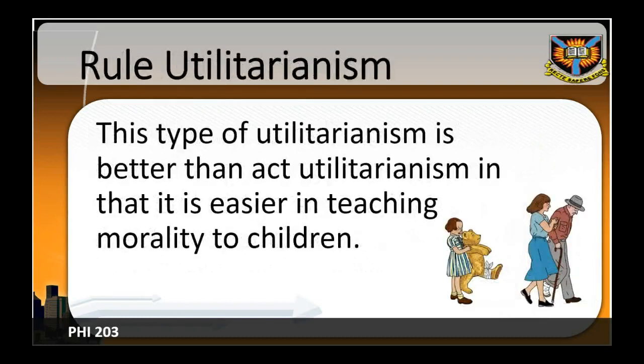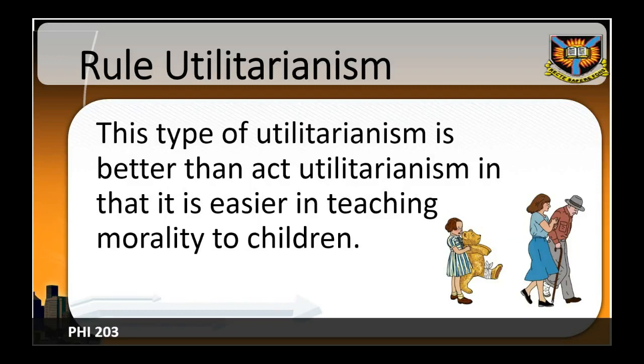This type of utilitarianism is better than act utilitarianism in that it is easier in teaching morality to children. Put differently, children who cannot calculate the likely outcomes of each moral action can easily remember rules earlier given them by adults with regard to making moral decisions.